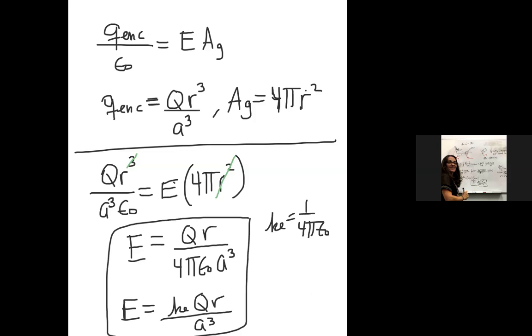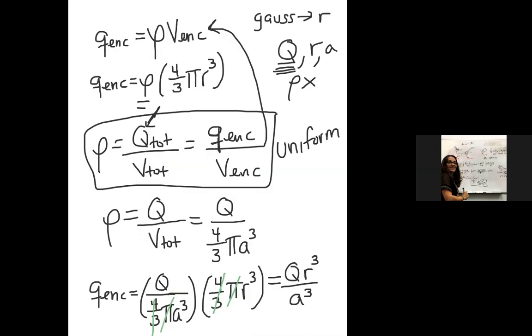Doesn't really matter. Now, what if I wanted to write it in terms of rho? Not in terms of Q, but in terms of rho. Well, then I would just leave the rho here with Q enclosed. Let's say we know rho, it was given to us.